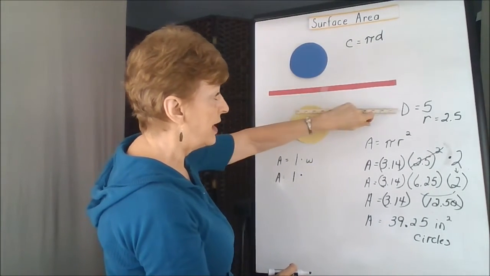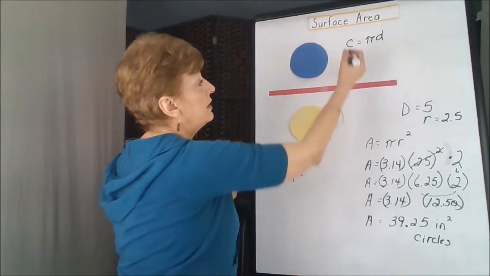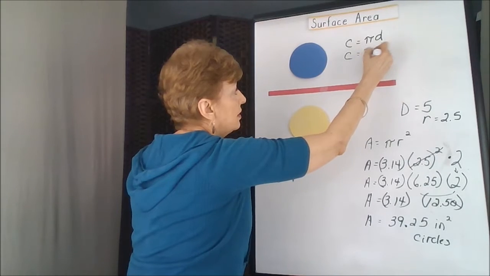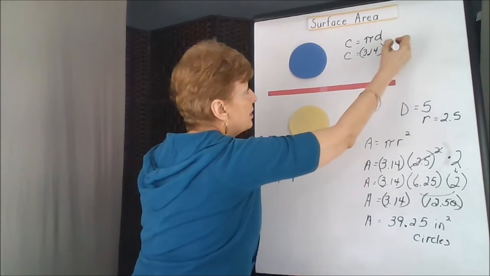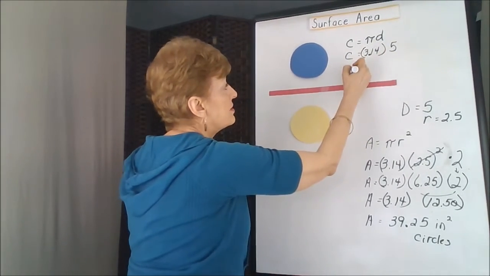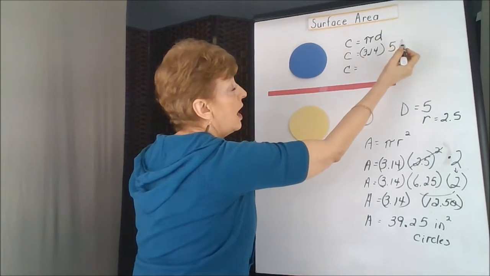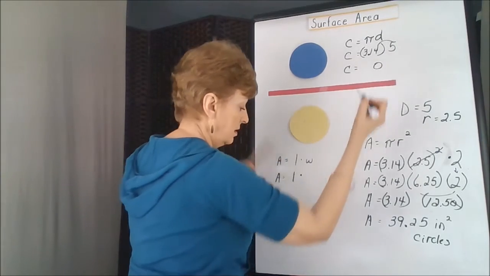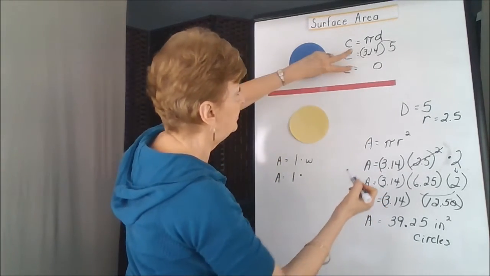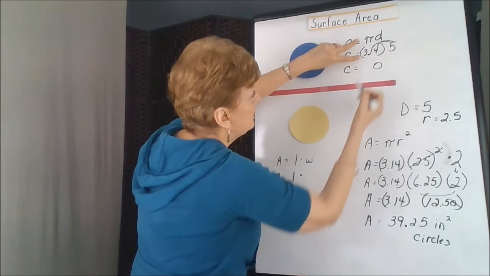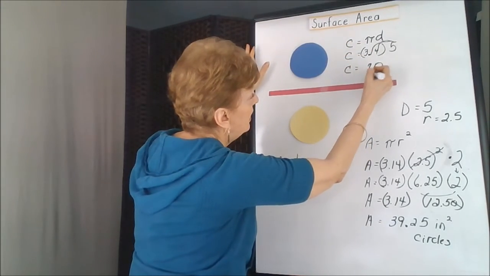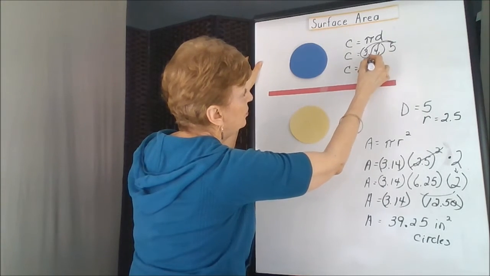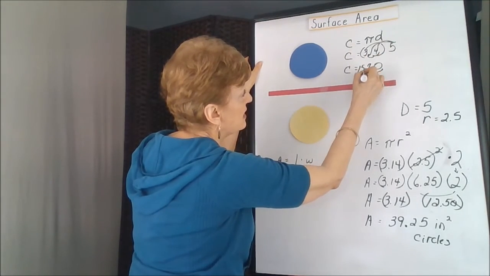We knew our diameter was 5. So the circumference is equal to 3.14 times the diameter, which is 5. Circumference is equal to, I might be able to multiply this backwards here, 20, carry the 2, 5 times 1 is 5, 6, 7, and 5 times 3 is 15. I have 2 to place my decimal point.